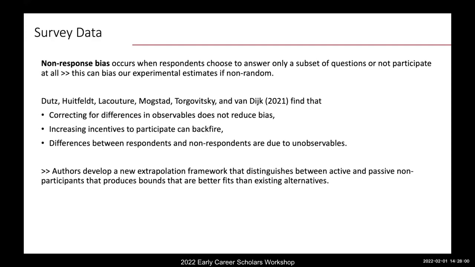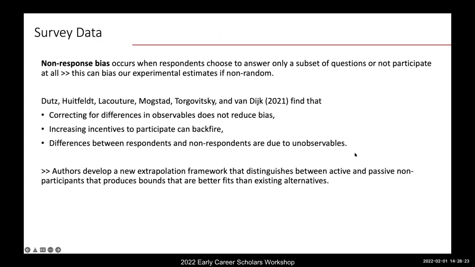So there's a very recent paper by Dutz et al. that finds that correcting for differences in observables, as we typically try to do, does not necessarily reduce non-response bias. Also, increasing incentives to participate is something that can backfire, okay?